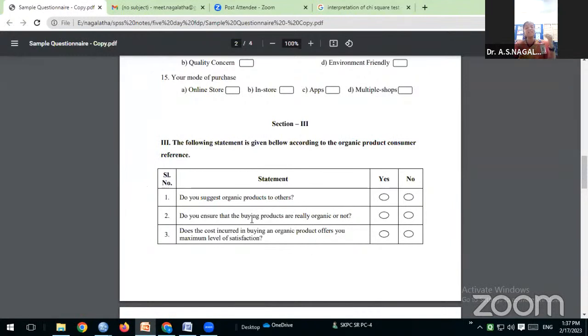I want to see if there is any association between this suggestion in terms of male and female: who says more, and whether there is any significant difference in suggesting this between male and female. So I'm going to compare both genders on their opinion and suggestion of organic products. Here I would like to tell you how the test could be done.